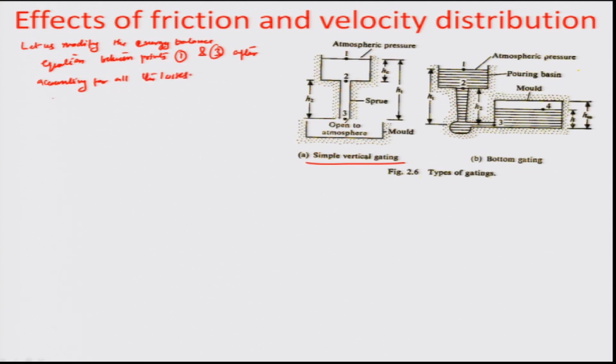They are principally three kinds. One is due to change in kinetic energy due to velocity distribution, another is due to friction of walls, and that due to bends or fittings.